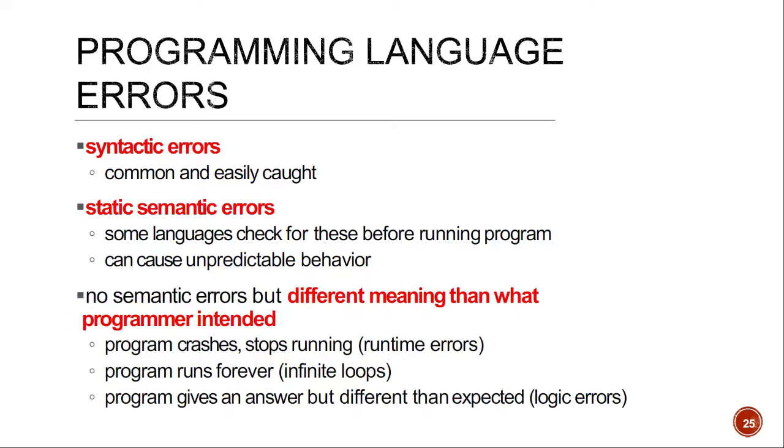Then there are the more dynamic semantic errors, which have a different meaning than what the programmer intended. As an example, infinite loops or logical errors, which also lead to unpredictable behavior.